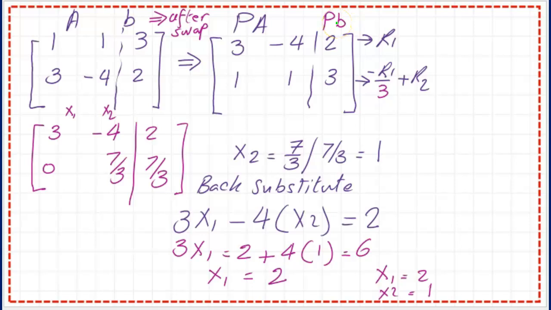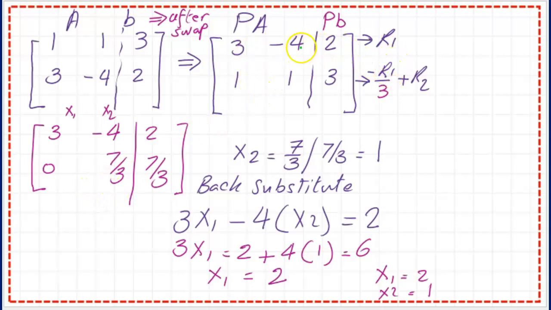In order to proceed, we need this to become 0. We multiply minus 1 over 3 by R1 and add to R2. All the values will be placed in R2. R1 will be kept the same: 3, minus 4, and 2. Minus 1 over 3 by 3, added to 1, becomes 0.